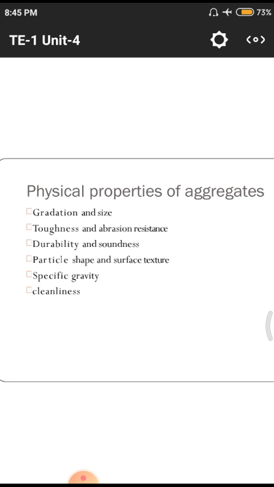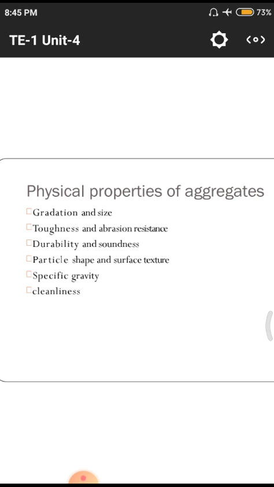Toughness means that when an aggregate is exposed to the atmosphere, due to the movement of the vehicles, the aggregate will have to give some quantity of toughness. Otherwise, due to the huge amount of load variation on the road surface, it will break.